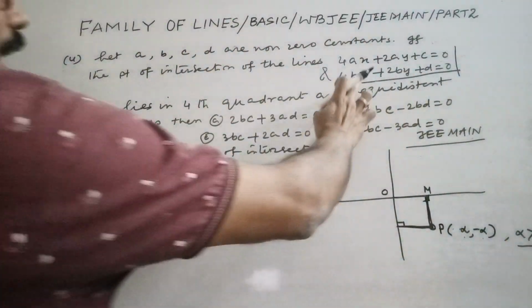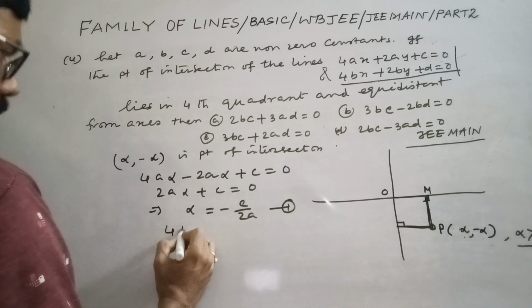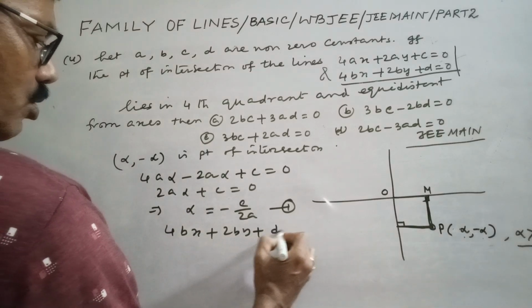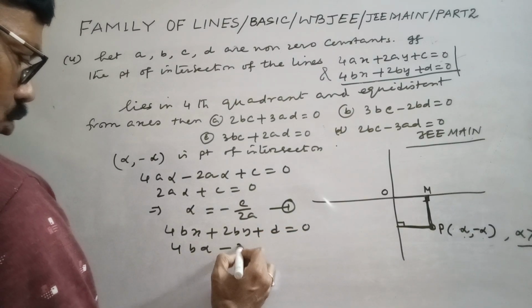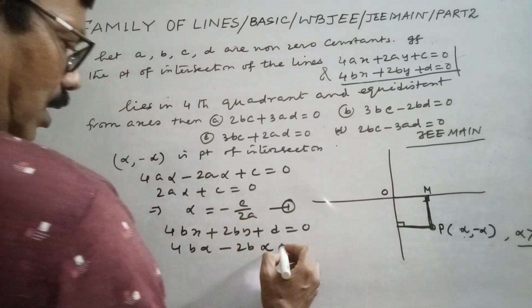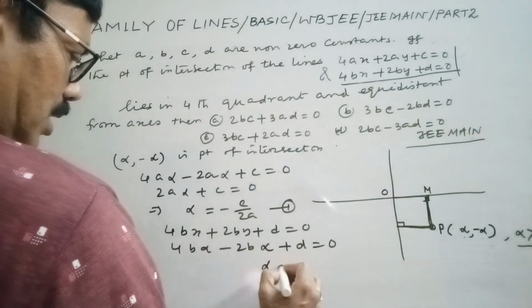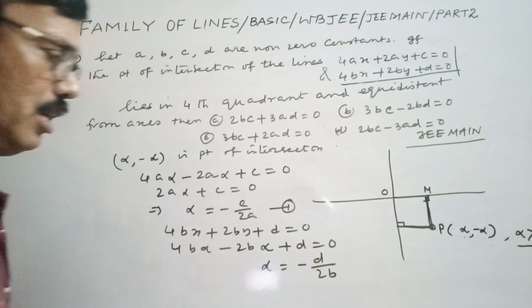Now (alpha, minus alpha) lies on this equation also. So 4bx plus 2by plus d equals 0. So 4b alpha, 2b alpha with y as minus alpha, plus d equals 0. So what is alpha? Minus d by 2b.